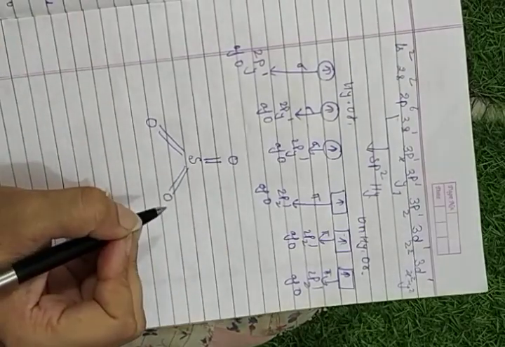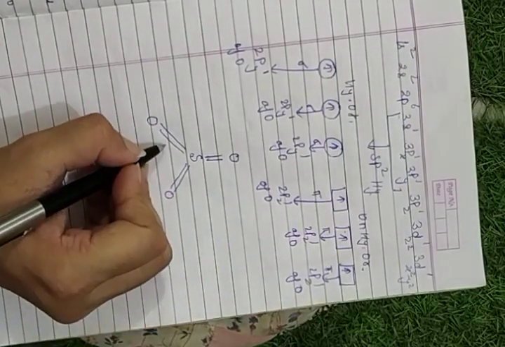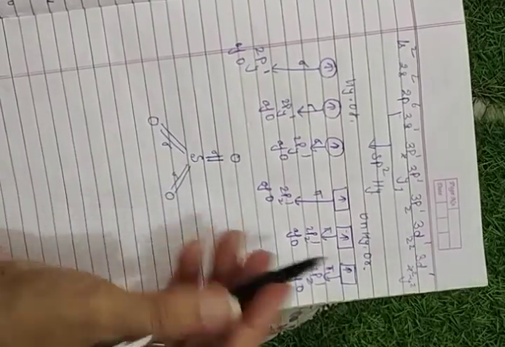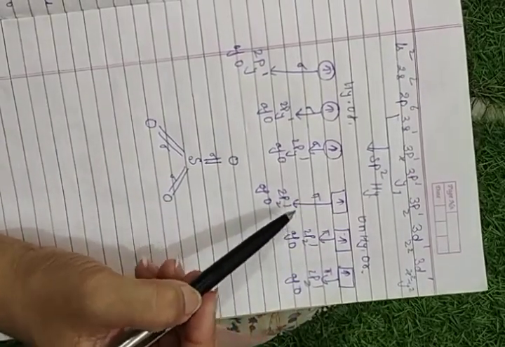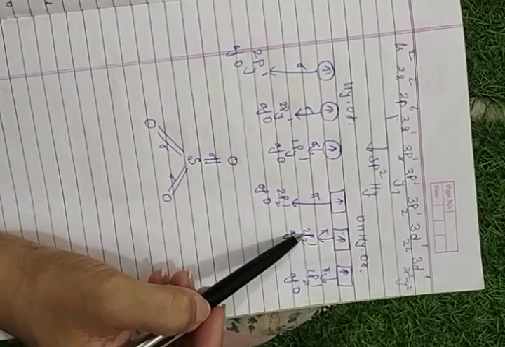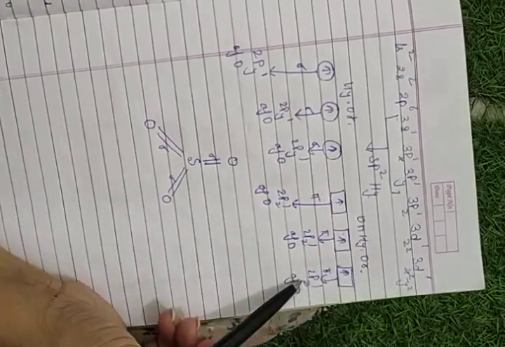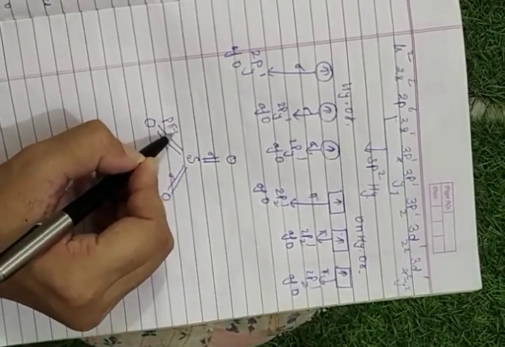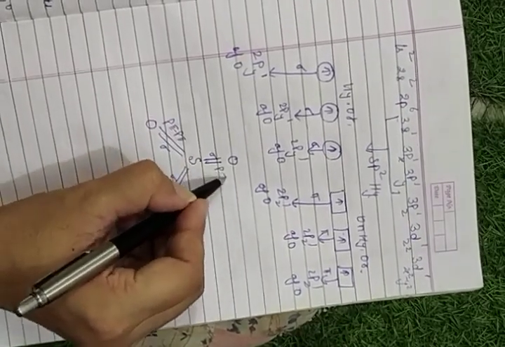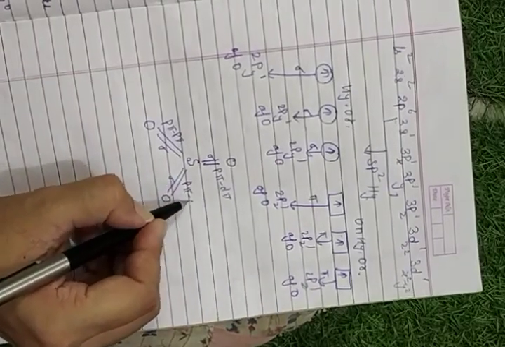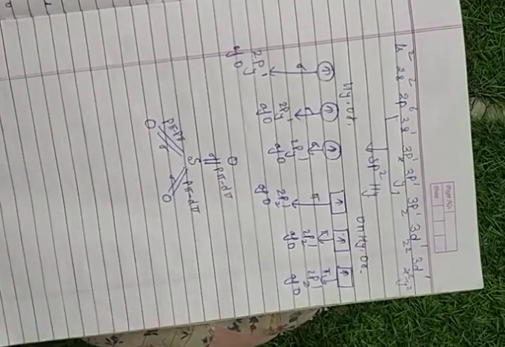If we discuss its pi bonding, then out of these, 3 are sigma. The first pi bond is between p and p, the second is between p and d, the third is also between p and d. So it is p pi p pi, it is p pi d pi, and it is also a p pi d pi bond.